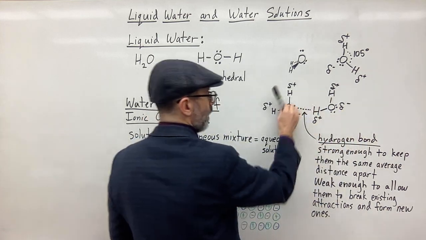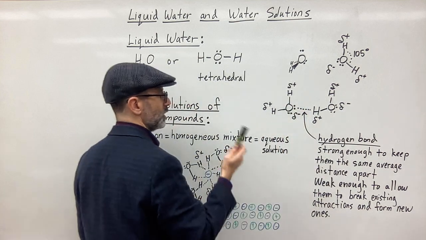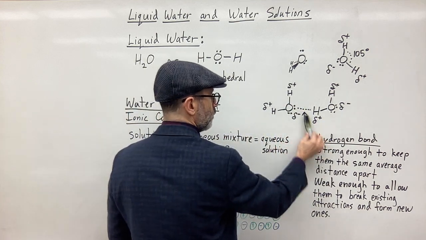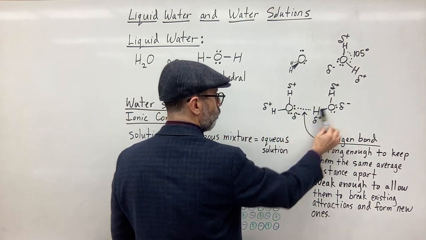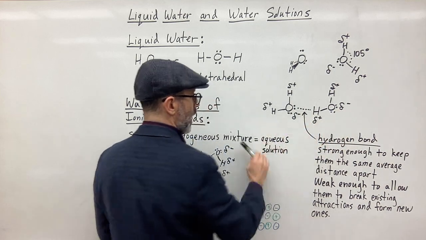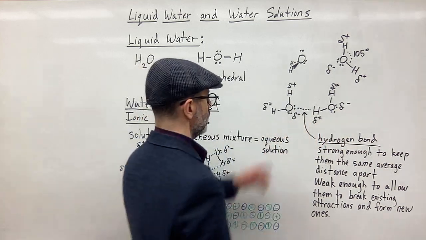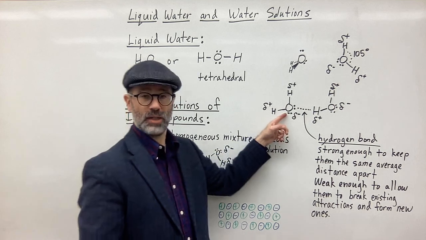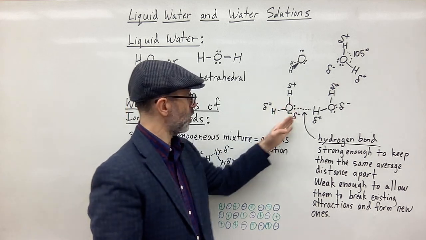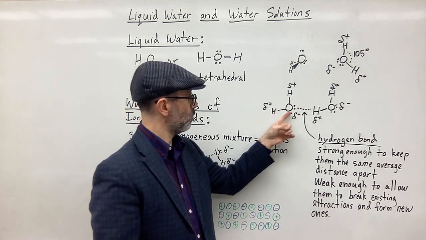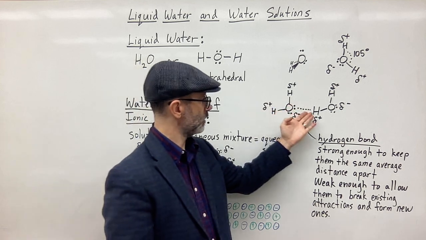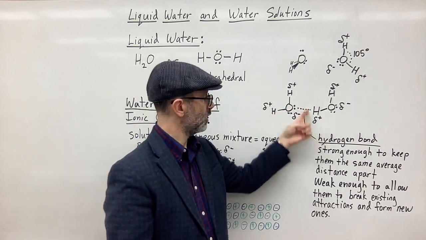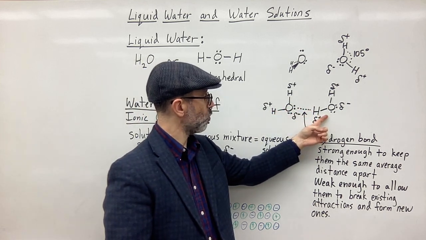And so when they're facing in this sort of orientation, the partial positive hydrogen of one molecule is going to be attracted to the negative electrons on the oxygen here. So this is a partial negative. The lone pair electrons are going to be attracted to the hydrogen on another water molecule.